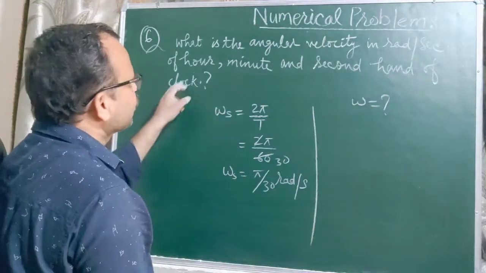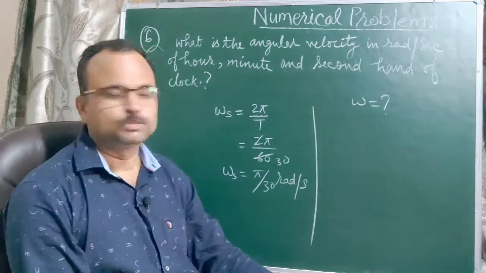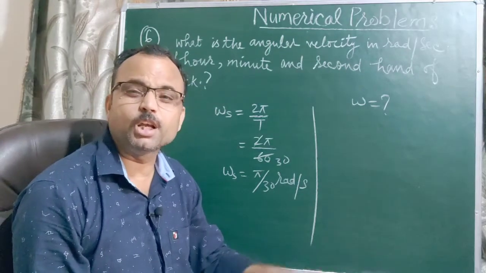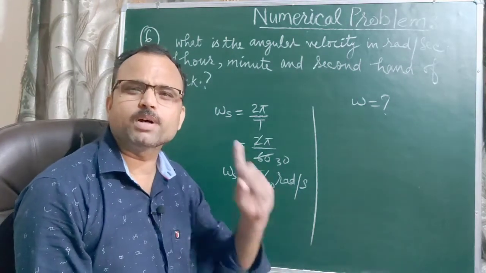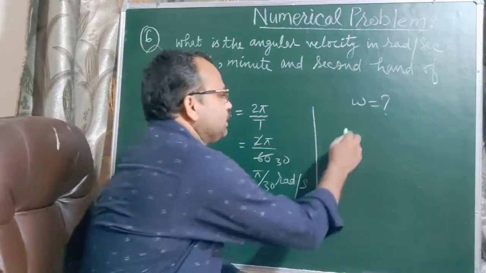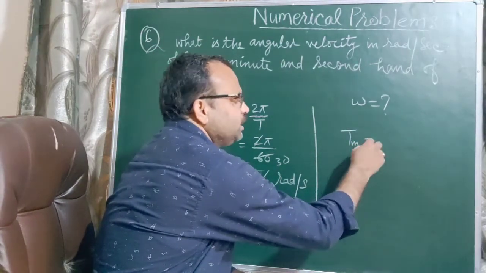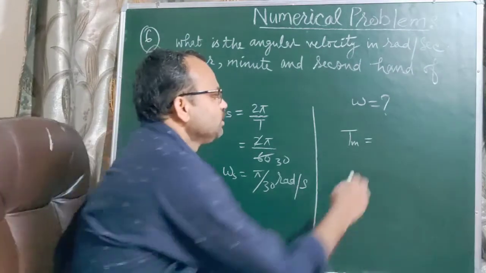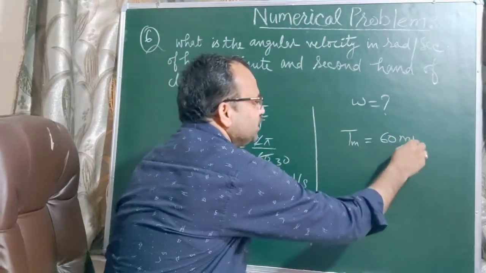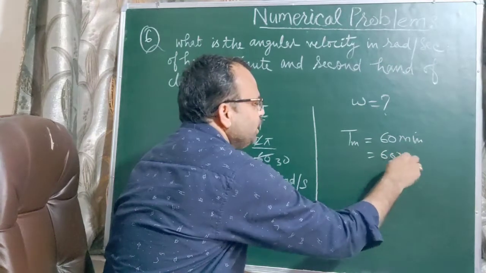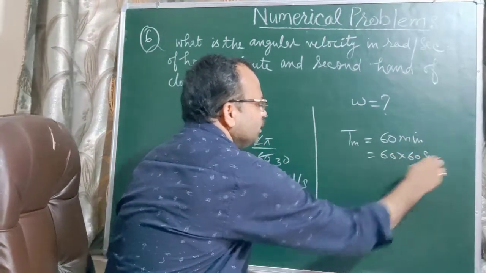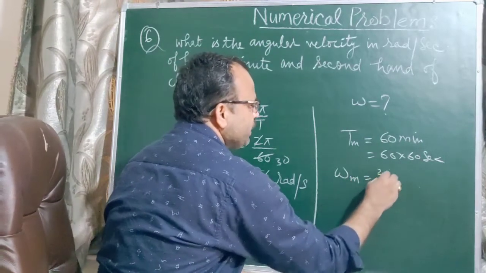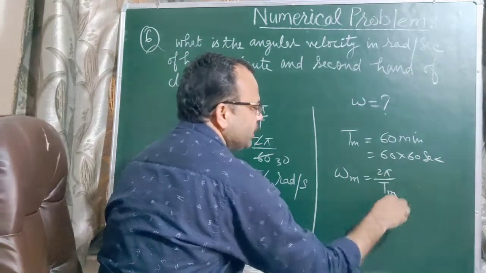Similarly, we can calculate for the minute hand. So what will be the time period of the minute hand? Means in which time it will complete one revolution. So the time period of the minute hand will be 60 minutes. 60 minutes means 60 into 60 seconds. So ω of the minute hand means 2π upon T, the time period of the minute hand.